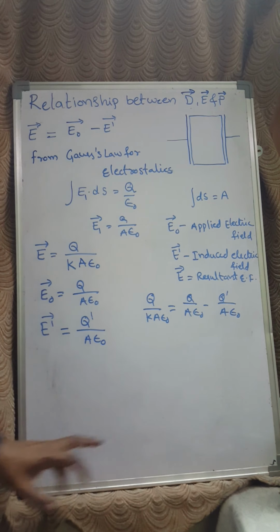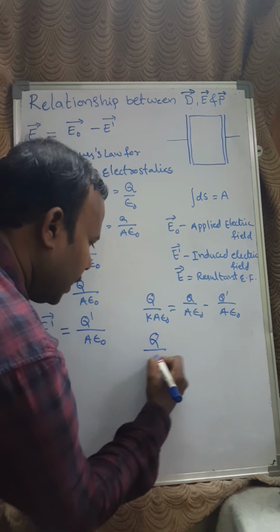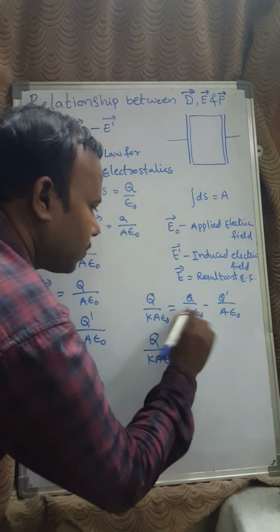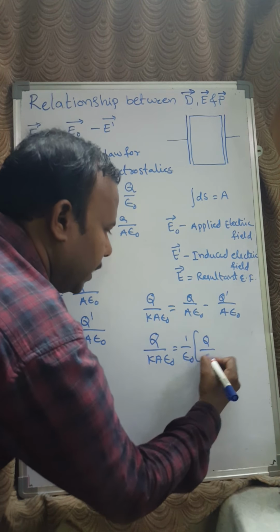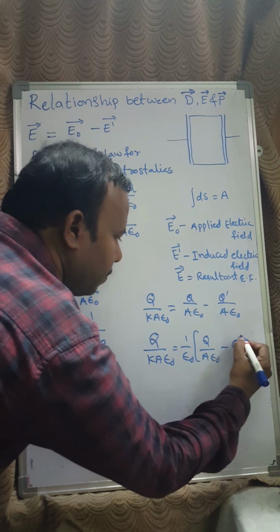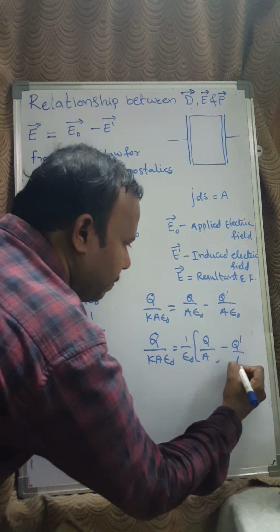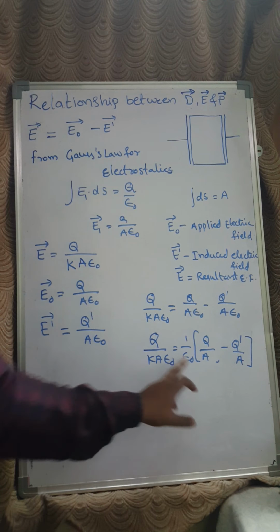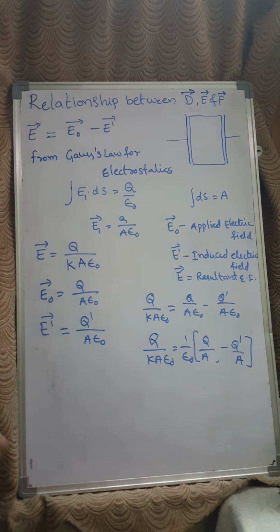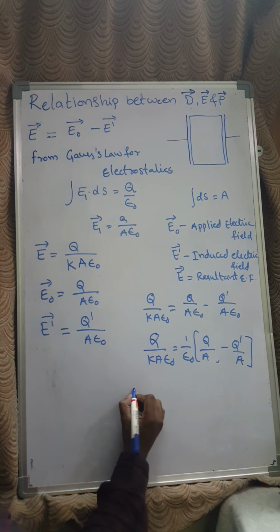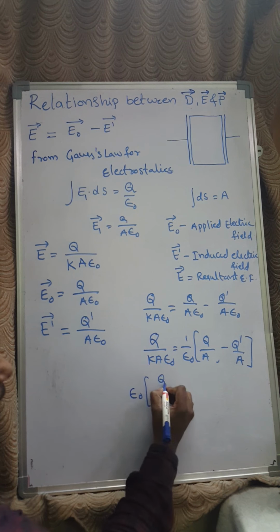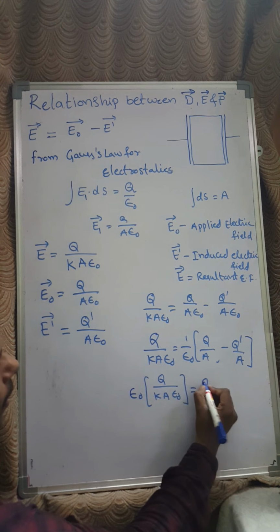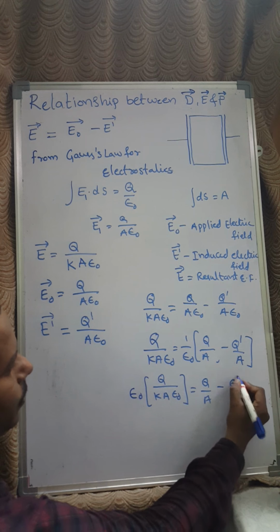Let us take 1 by epsilon naught as common from this equation, so Q by K A epsilon naught equals 1 by epsilon naught times Q by A minus Q prime by A. Now take this epsilon naught to the left-hand side, and the equation becomes epsilon naught times Q by K A epsilon naught, which equals Q by A minus Q dash by A.